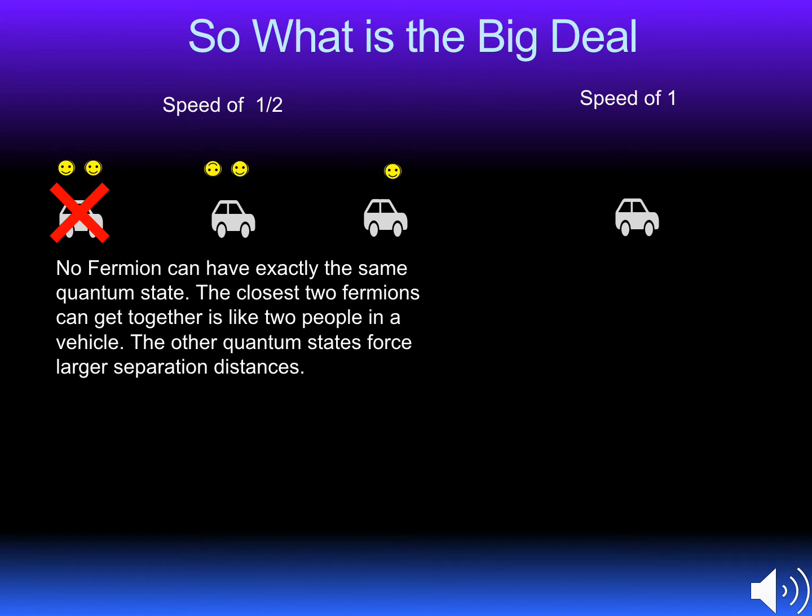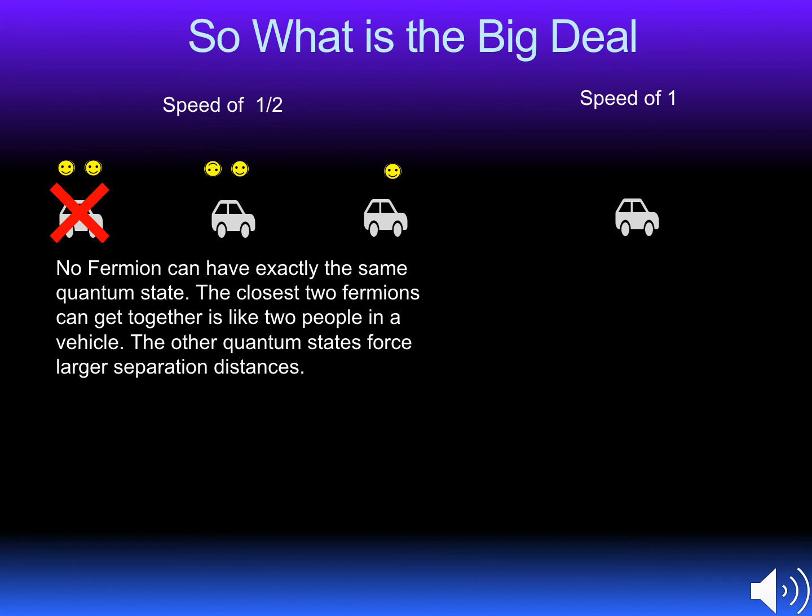So we saw in the first icon that we had two spin up, one in the front and one in the back. That's not allowable. We have in the middle a spin up person in the front seat and a spin down in the back seat. That is allowable. Now, when a third person enters the picture as spin up, it's not allowed in that vehicle. It has to go into a separate vehicle, and there is some separation between all of these vehicles.